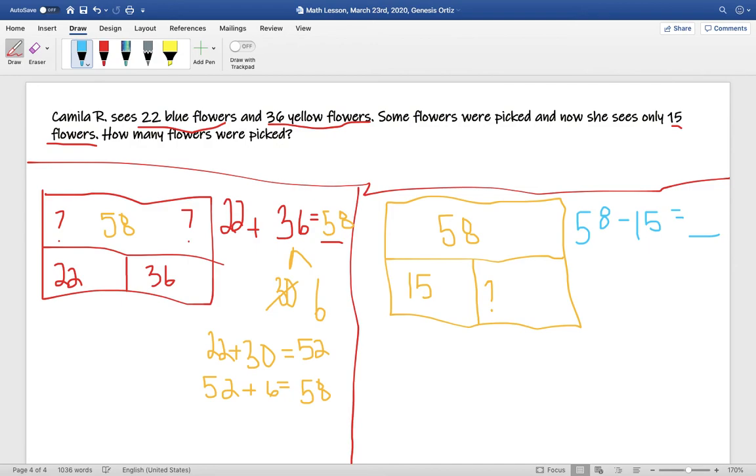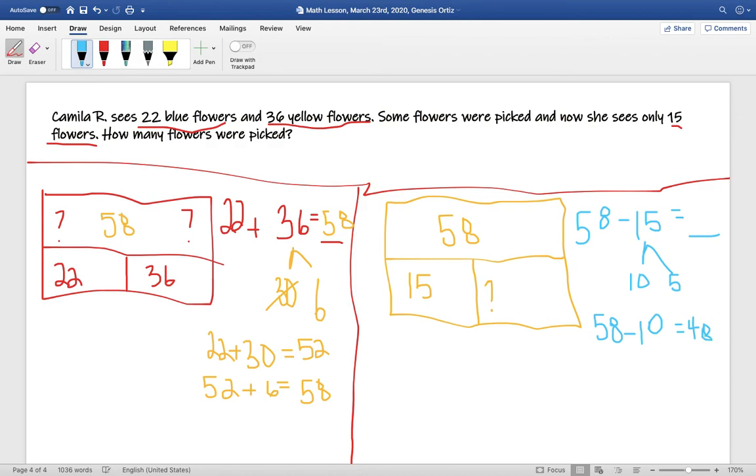All right, and to do this, we can break apart the second number, which I love to do. So we have 15, which is the same as 10 and 5 ones. Now this is really easy because now I'm just going to do 58 minus 10, which is 48.